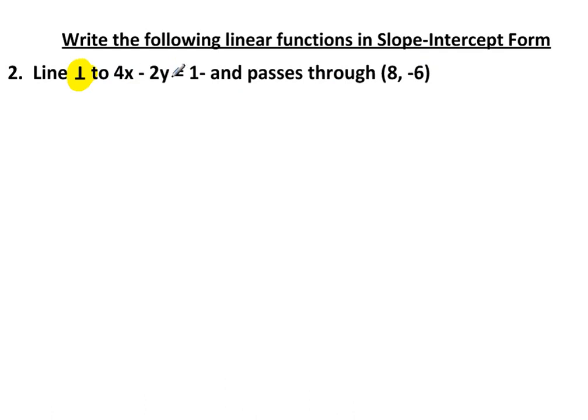You can't just look easily, and some people can, but it's not easy to tell what the slope is. But I can solve for y. So what I'm going to do is subtract 4x from both sides. So negative 2y equals negative 4x plus 1. And then I'm going to divide everything by a negative 2, which gives me a positive 2x and a negative 1 half. Now that it's in slope-intercept form, I know that my slope is 2.